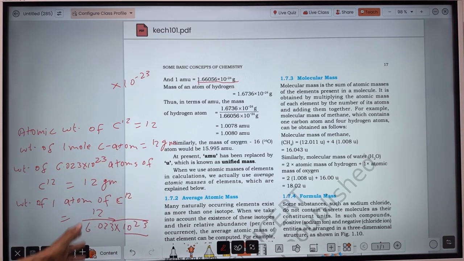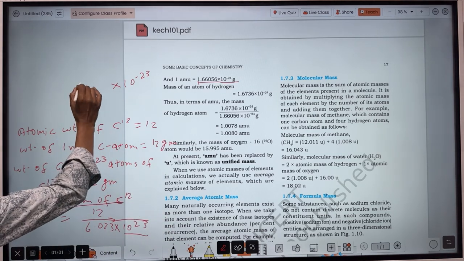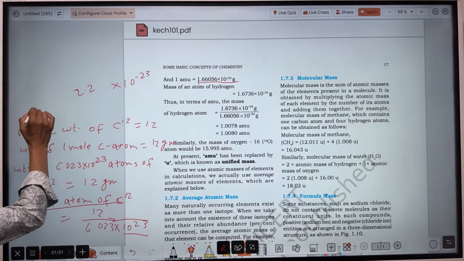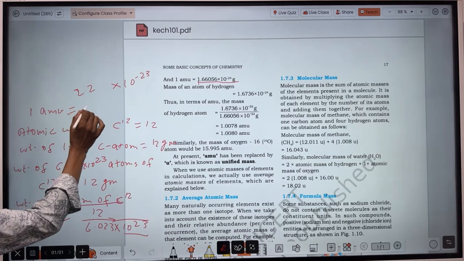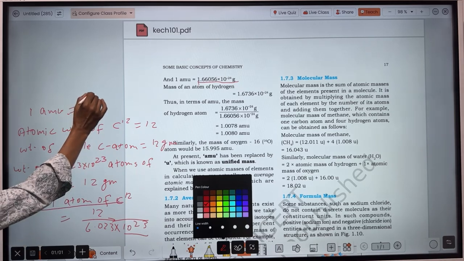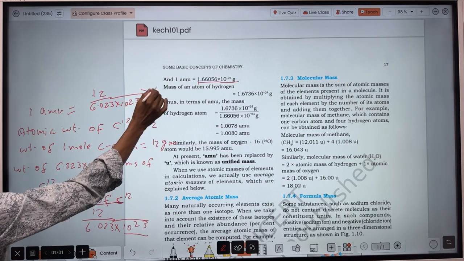The mass of 1 AMU will be equal to how much? 1 AMU will be equal to 12 upon 6.023 into 10 to the power 23, that into 1 by 12.